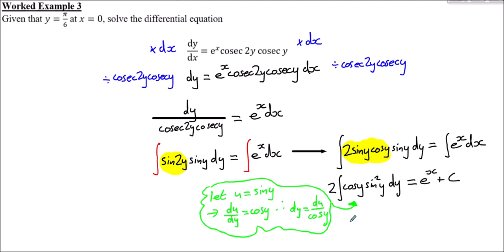So now I'm going to get 2 lots of the integral of cos y. Sine now is u, so I'm going to call that u squared. And dy is the same as du over cos y. So I'm going to write du over cos y. That equals e to the x plus c. Now I can cancel the cos y's off.